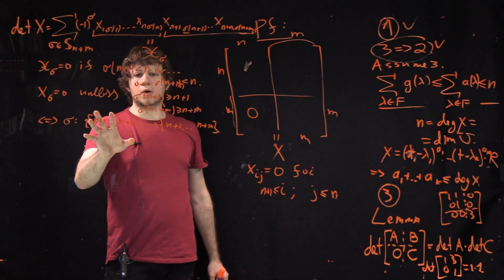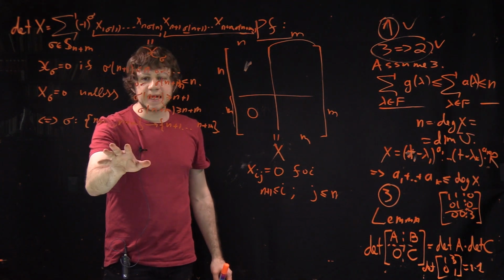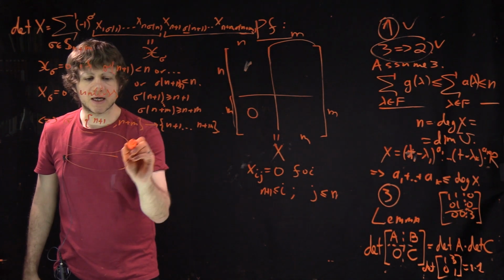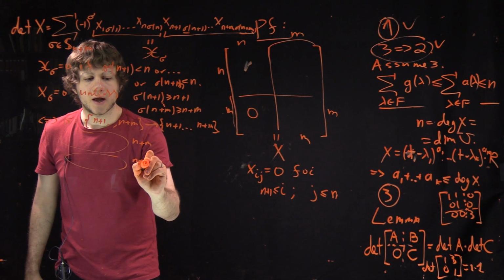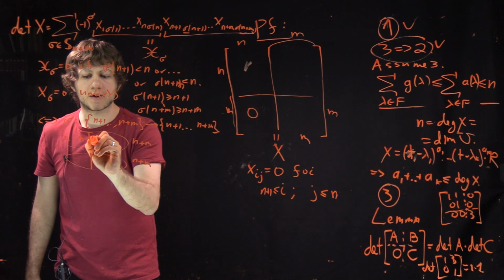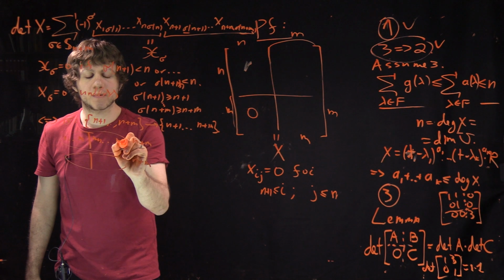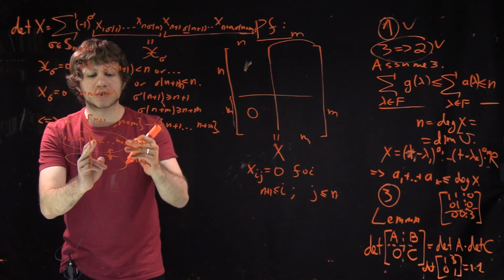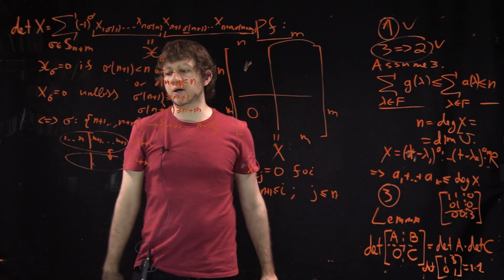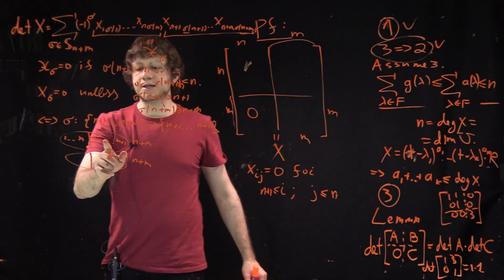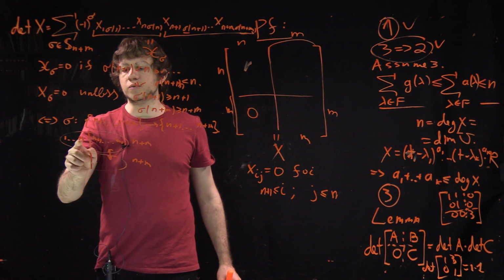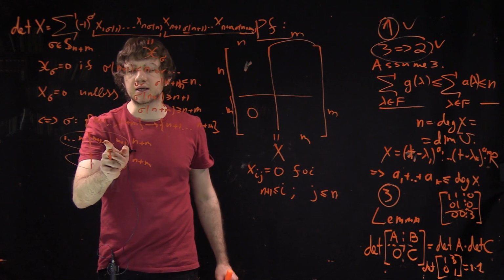Okay, but then of course we know that sigma is a bijection of a set with n plus m elements, and if we split it into parts, from 1 to n and from n plus 1 to n plus m, we know that sigma is a bijection on this part. So of course it has to send the first n elements to themselves as well. Formally, assume it takes one of the elements from 1 to n there.